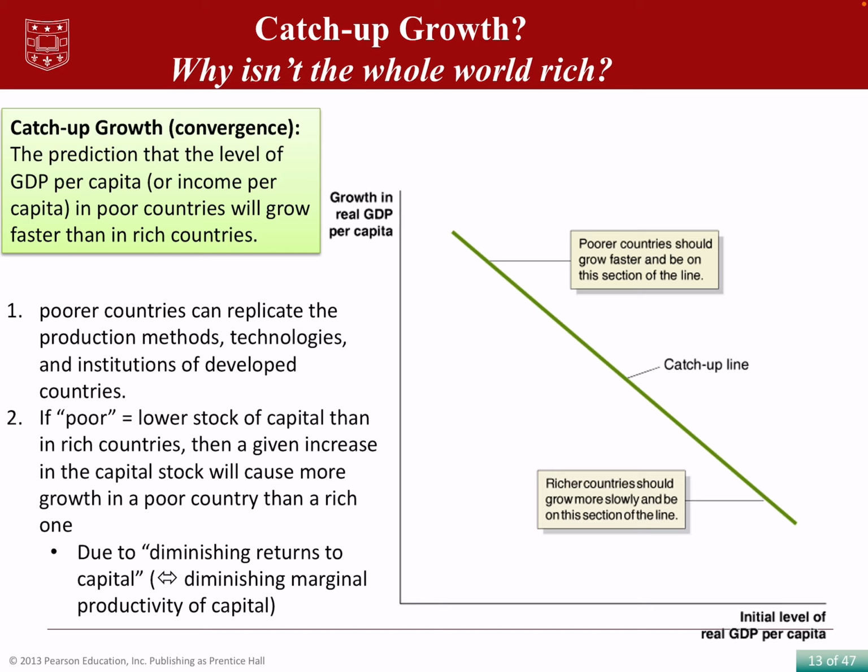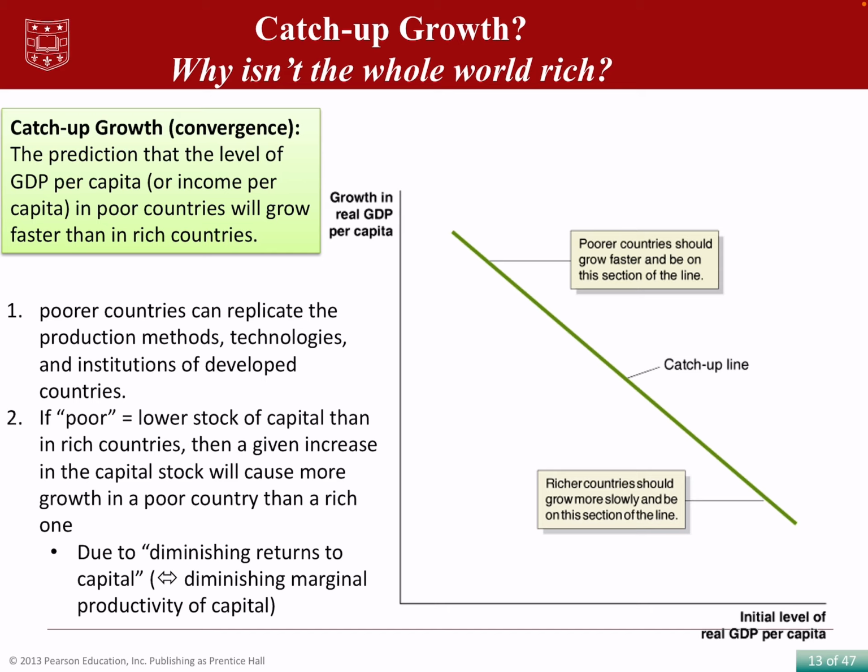So the question is one really of optimism. Might we expect that eventually all the countries in the world will be rich? Why might the answer to that be yes? Well, poorer countries can replicate the production methods and technologies of developed countries.